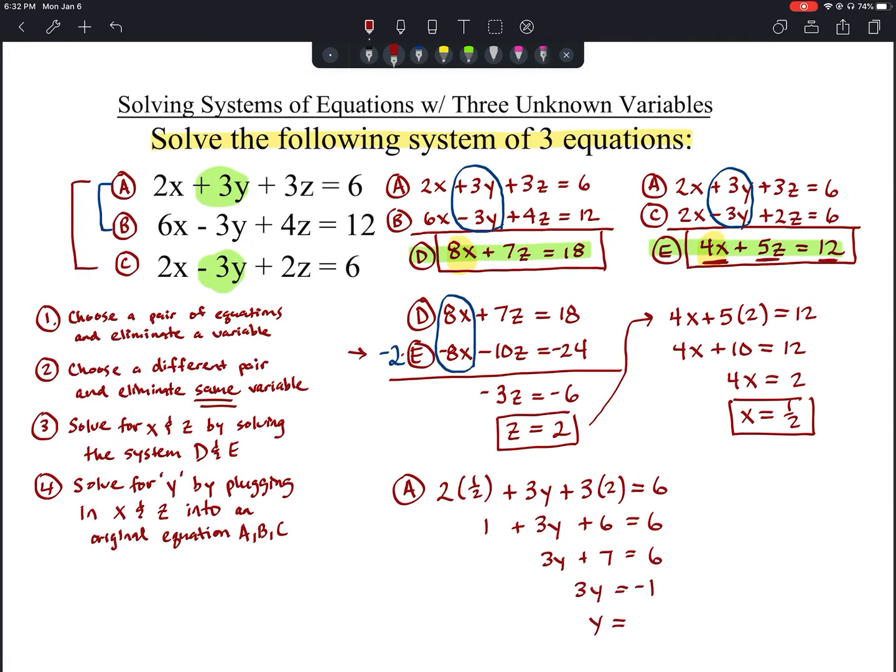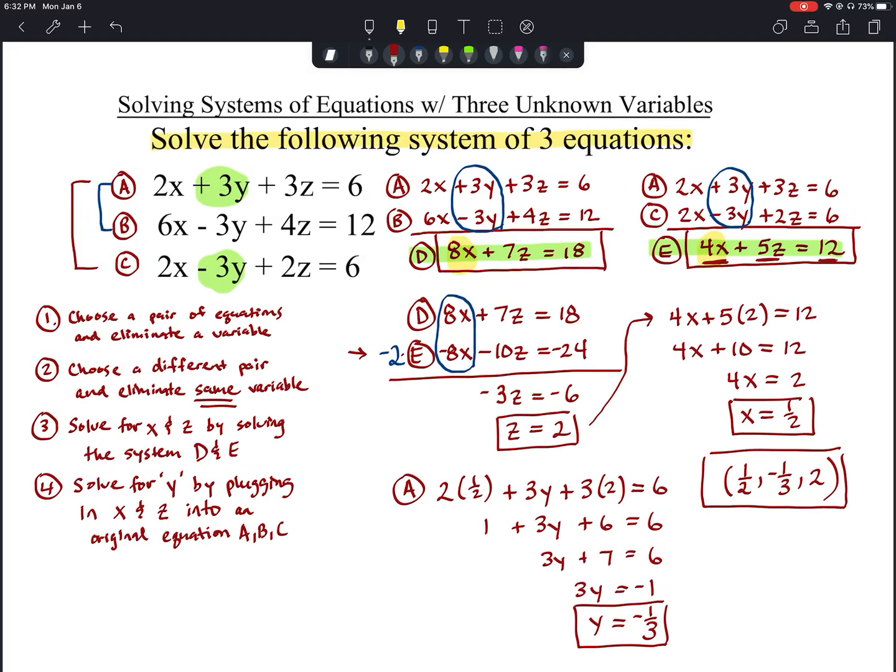Therefore, y is going to equal -1/3. Now we've got answers for x, y, and z, and we're going to plug them into the ordered triple in that order. So 1/2, -1/3, comma 2. This is our solution here.